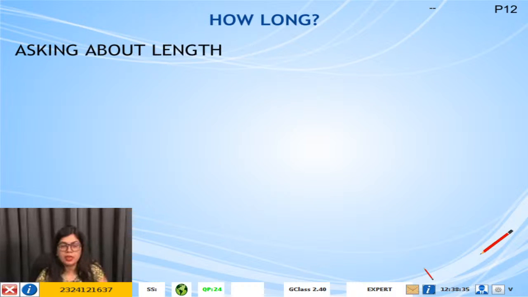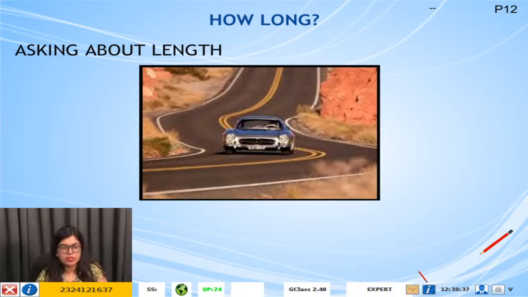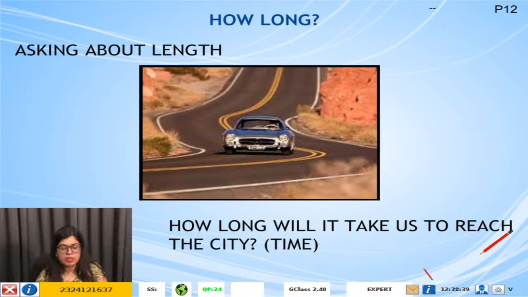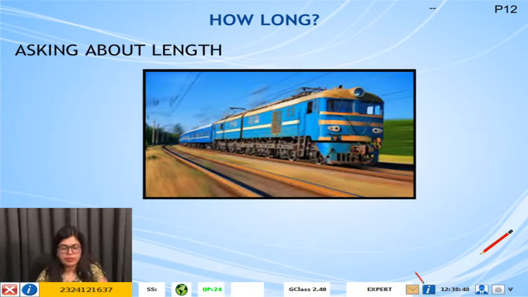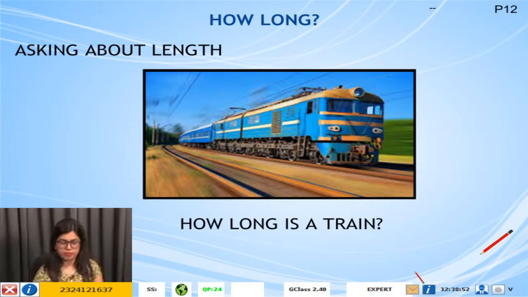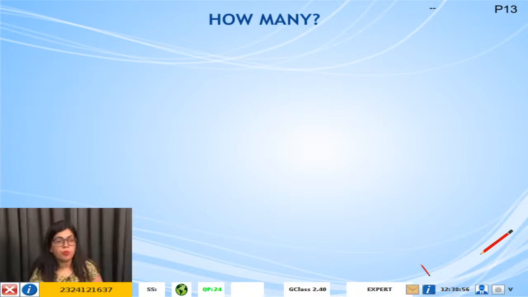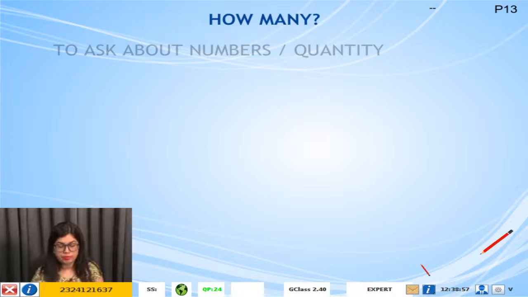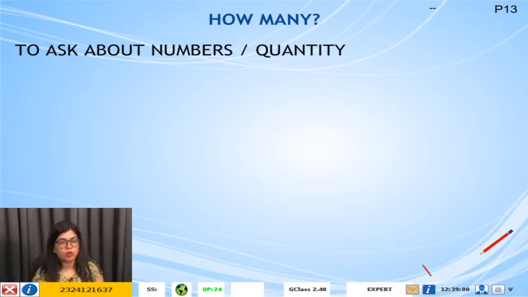Asking about length. So it's a road. So let's see how long will it take us to reach the city? Time. So how long will it take us to reach the city? How will. Next, again, how long is the train? How is.